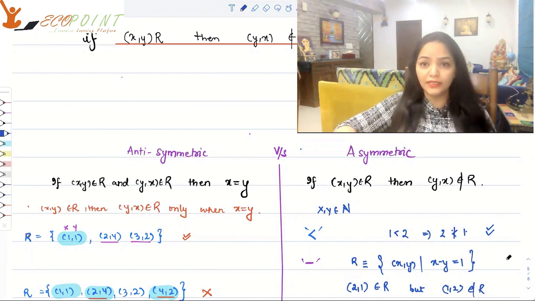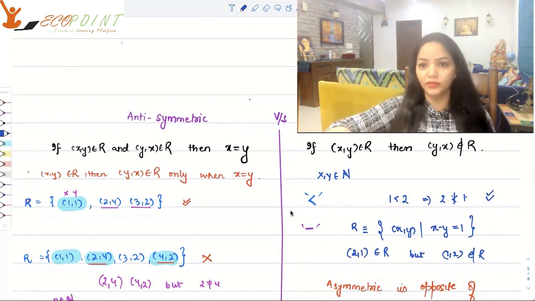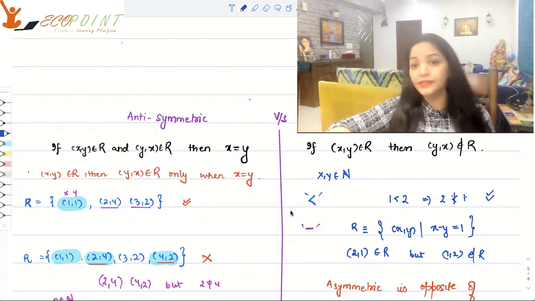When you take the difference, 1 minus 2, you will get minus 1 and not 1. So therefore, this relation is asymmetric. But is this relation antisymmetric? Yes, this relation is antisymmetric also, because (1, 2) is not a part of R itself. So there's nothing to prove.